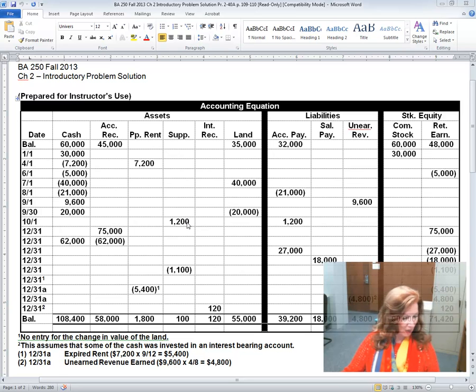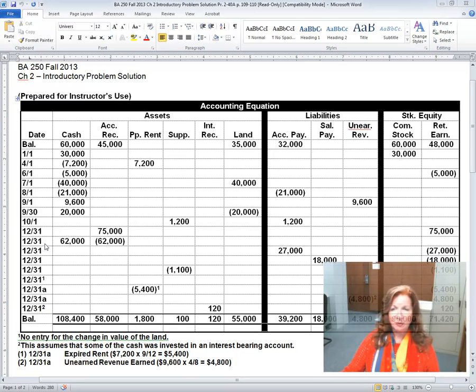And then on account. So accounts payable are also going up because now I have an obligation to pay that account payable sometime in the future. So a positive in accounts payable, a liability, a positive in supplies, an asset, on different sides of the equal sign, so the accounting equation stays in balance and goes up by the same amount on both sides of the equal sign.